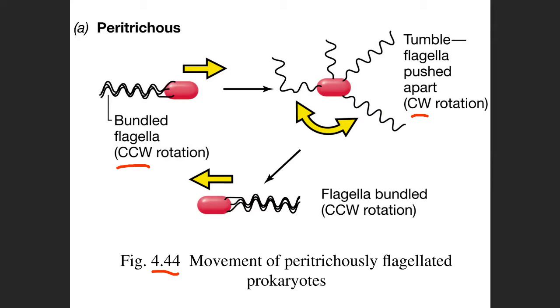But when the rotating direction is reversed, this is pulling the bacteria this direction, this is pulling the bacteria that direction, and this is going that direction. Now, what's the net result? Well, the bacteria doesn't know where to go, so it tumbles.